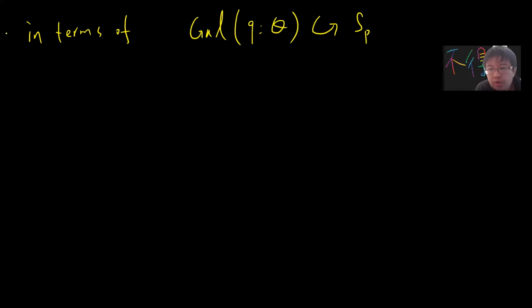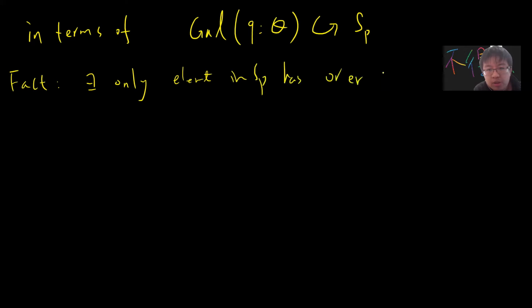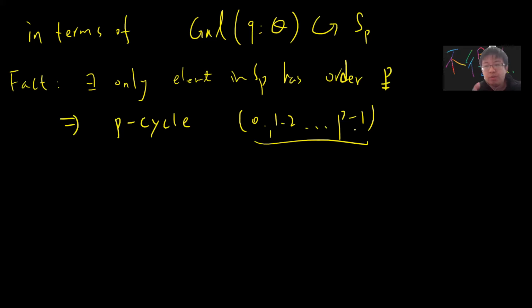In group theory, there is a fact: the only elements in Sp of order p are p-cycles. I can relabel the roots as 0, 1, 2, up to p - 1. The proof is very simple because p is prime.